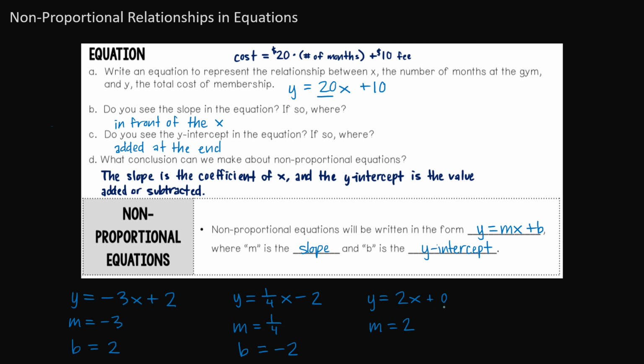We're technically adding 0. Y equals 2x plus 0. So the y-intercept is 0. And what's really cool about this particular equation is that if the y-intercept is 0, the relationship is actually proportional. This graph, where the y-intercept is 0, will pass through the origin.